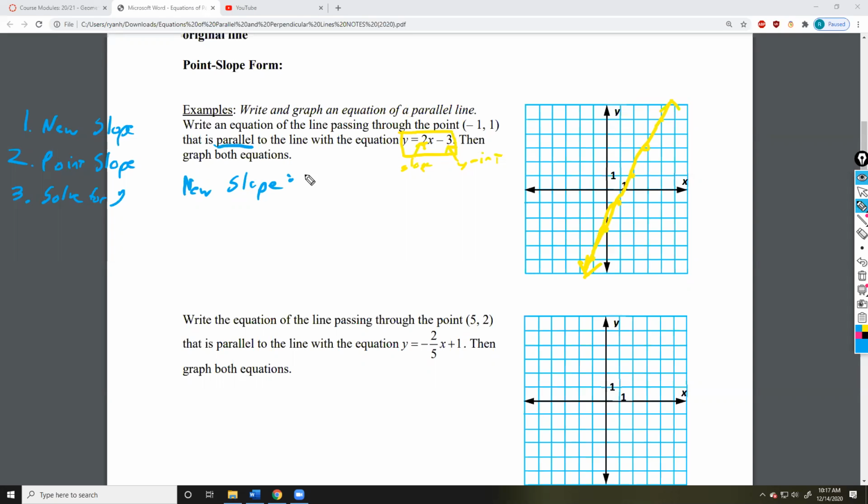Well, it's parallel, so the slope should be the same as my slope from before. My slope there was 2, so I'm going to just copy paste it down here. It's still going to be 2. And then the point we're going to use is negative 1, 1.